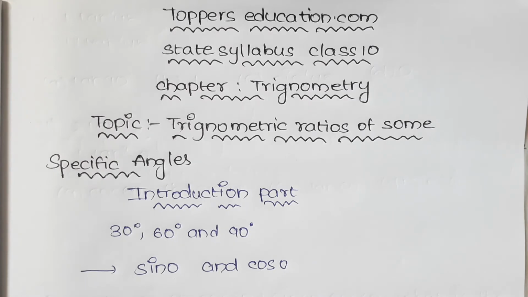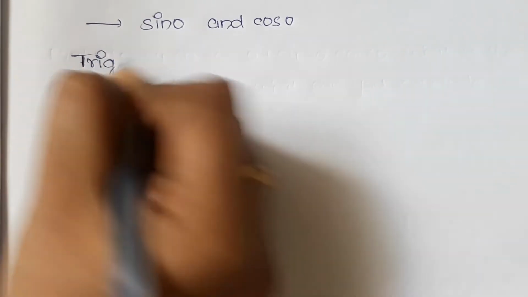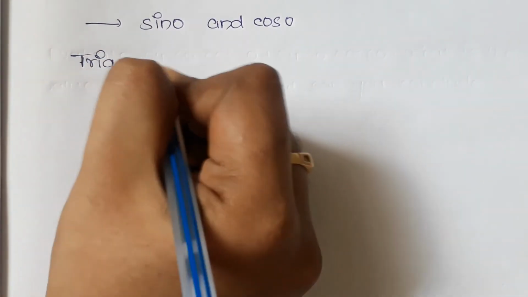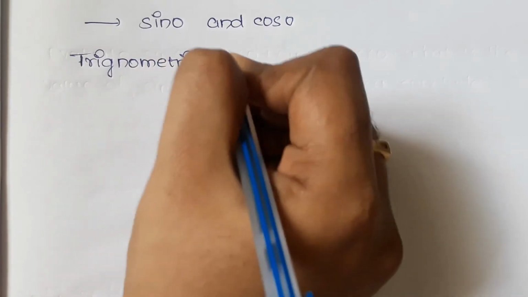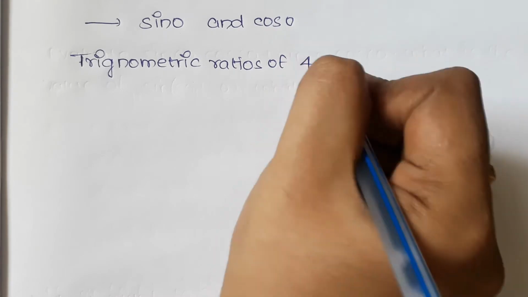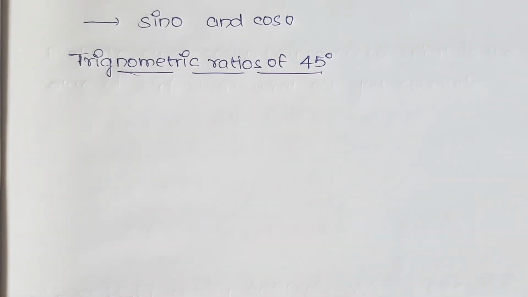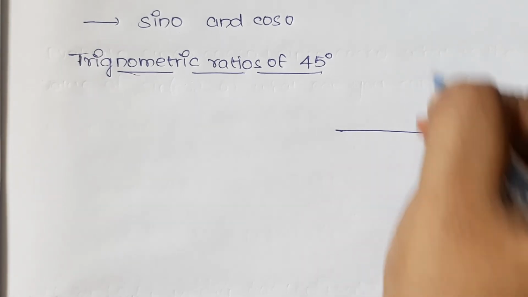And now see the trigonometric ratios of 45 degrees. In an isosceles right angle triangle ABC, right angled at B, let us draw a triangle.